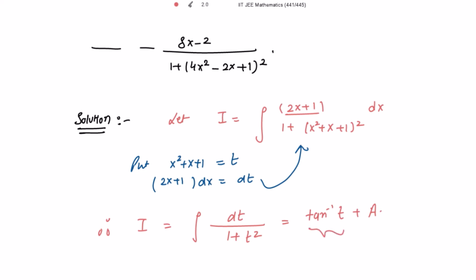We can also write this tan inverse t as pi by 2 minus cot inverse t. So this I is equal to pi by 2 minus cot inverse t plus the constant. Let me write this cot inverse t as tan inverse 1 divided by t.